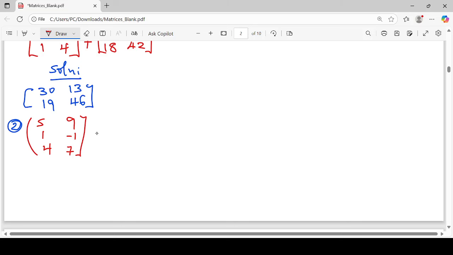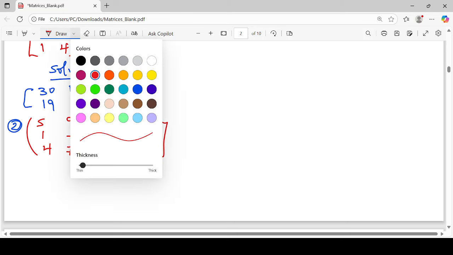Then this is being added to another matrix, that is 1, 1, 4, then 9, 3, 7. Let us see what happens here.